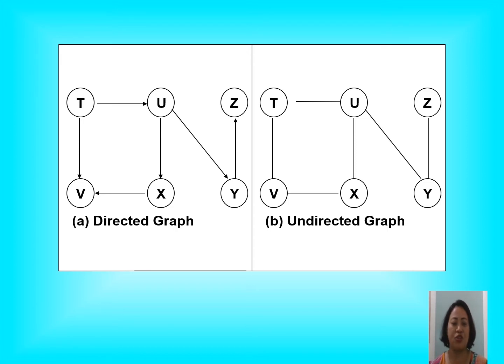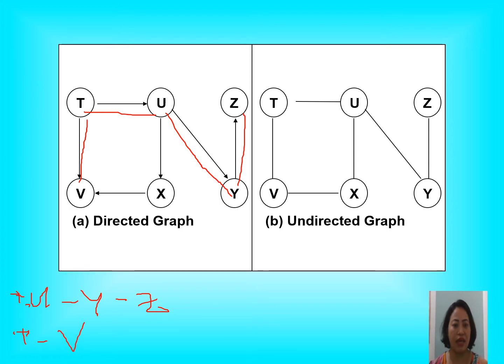that goes along the edges. So for example, we have here from T, it goes to U, and then U to Y, and then Y to Z. Or it could have another path from T, going towards V, and that's the end of it, because after V, it has a direction pointing to another vertex.